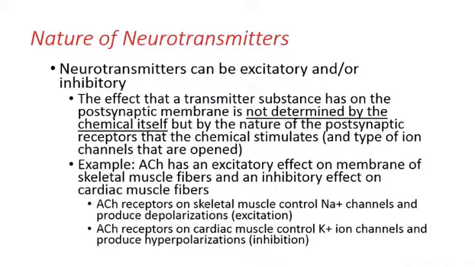So acetylcholine, as we talked about last time, has an excitatory effect on membranes of skeletal muscle fibers, but it has an inhibitory effect on cardiac muscle fibers. That's because acetylcholine receptors on skeletal muscle control sodium channels and produce depolarizations or excitations, whereas acetylcholine receptors on cardiac muscles control potassium ion channels and produce hyperpolarizations or inhibition.